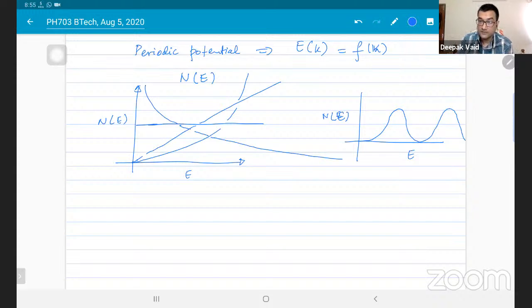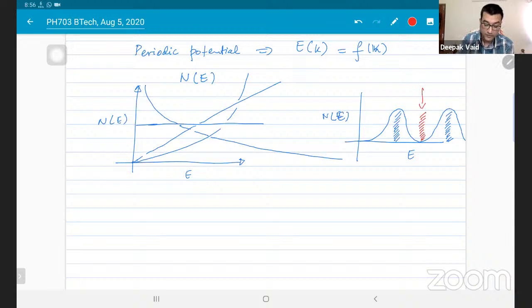This tells me that in this energy range, my substance will be a conductor, right? And in this energy range, where the density of states becomes very low, here I will have an insulating state, right? Because there aren't enough empty states for electrons to occupy to be able to transfer energy through the material.